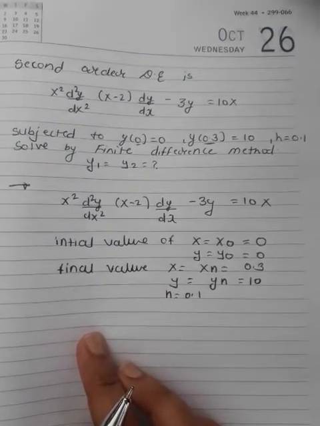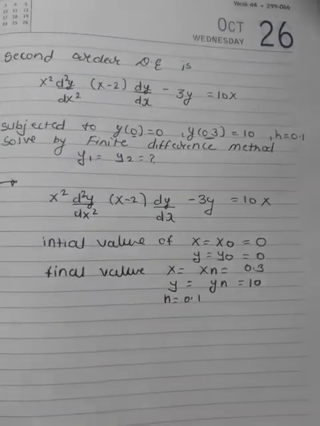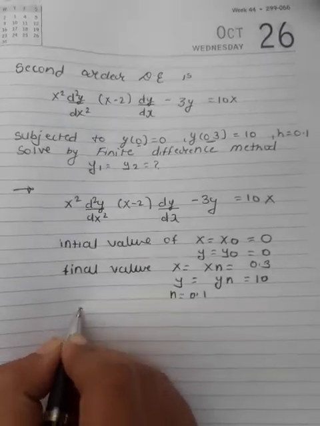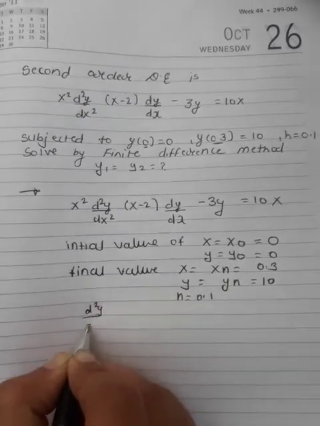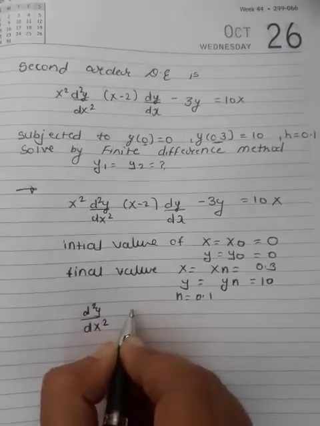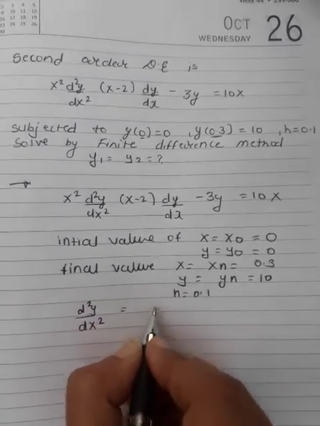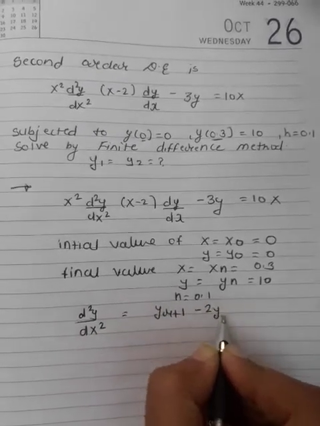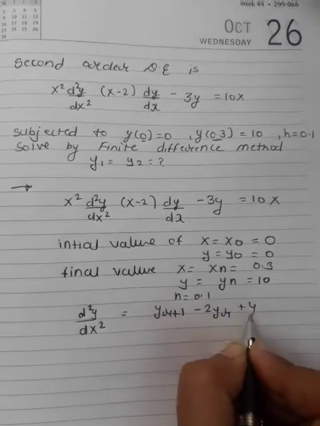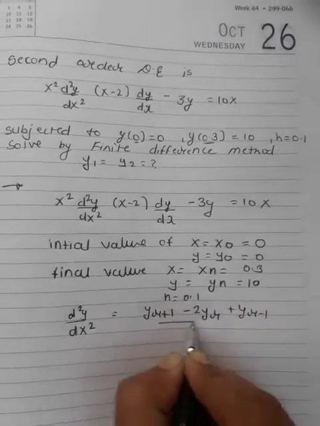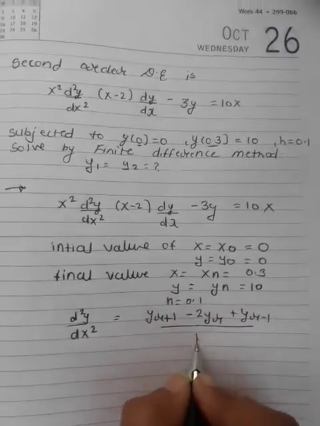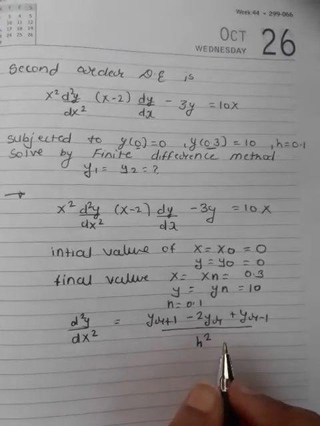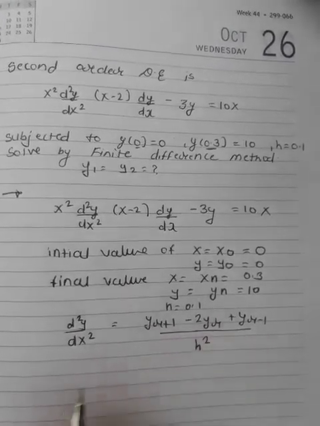So what is our first step? You have to write down the expression for the second order derivative. So d2y by dx square is nothing but y(r plus 1) minus 2y(r) plus y(r minus 1) divided by h square. This is the way in which you have to write down the second order derivative.